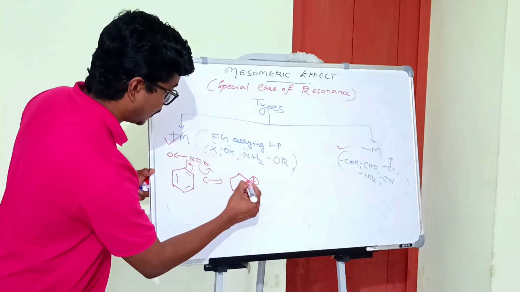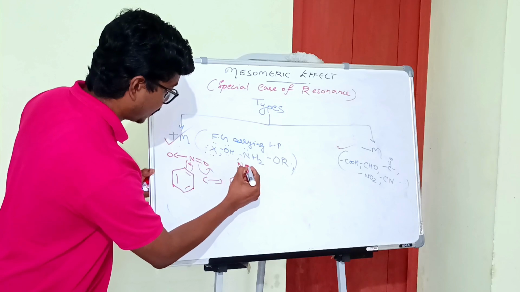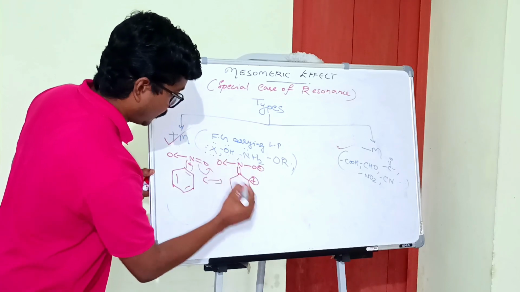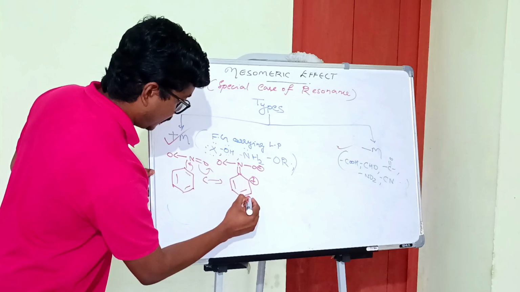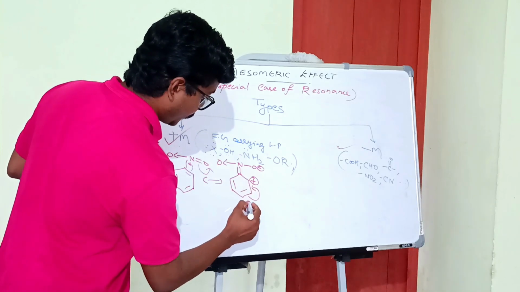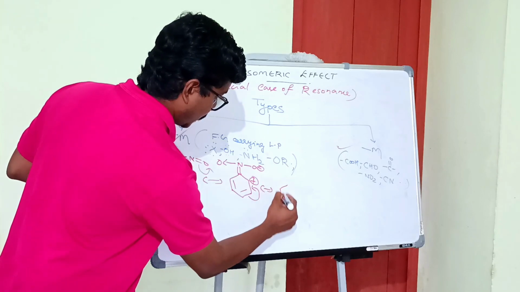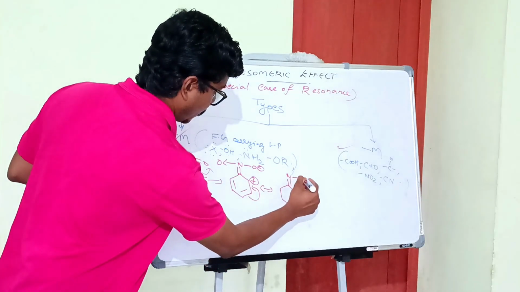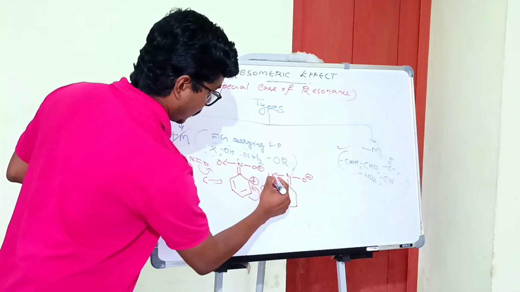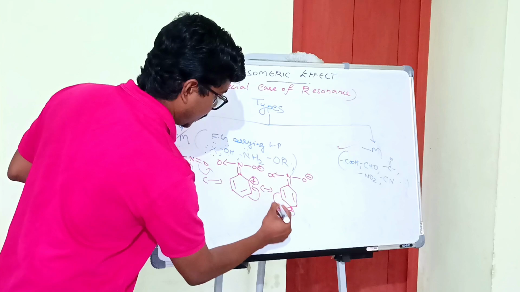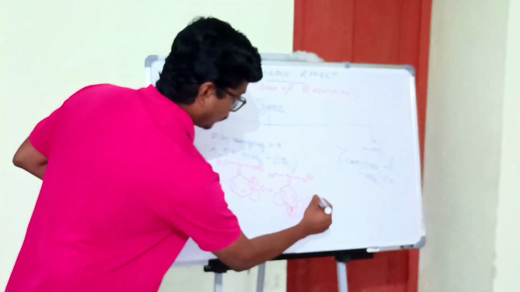So a positive charge comes here, double bond comes to nitrogen, O minus, and this will come here. Nitrogen, O minus, double bond here, positive charge is here. This bond will come here.